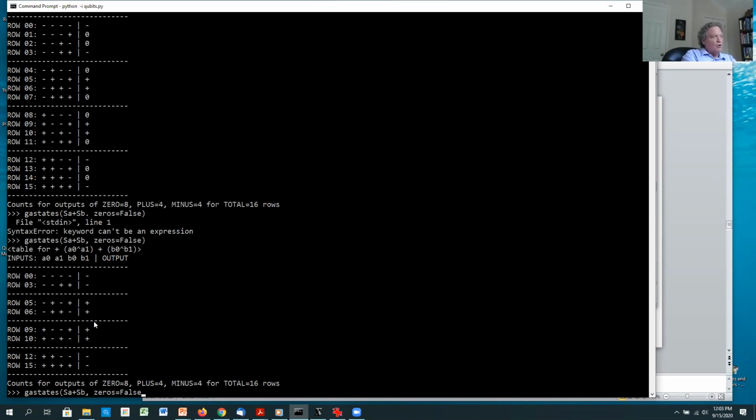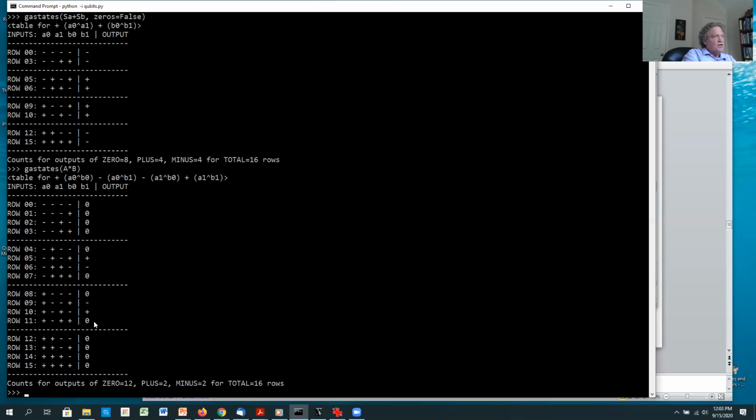So if I now take A times B, which is 2 qubits. Remember, we did this before, and we get all the possible states, which just looks like a Hilbert space.